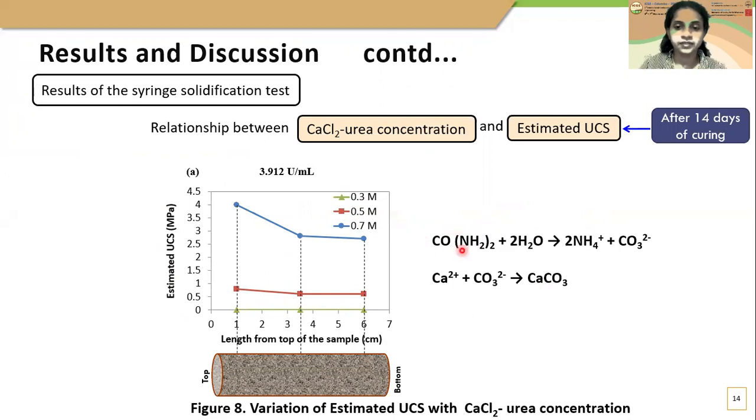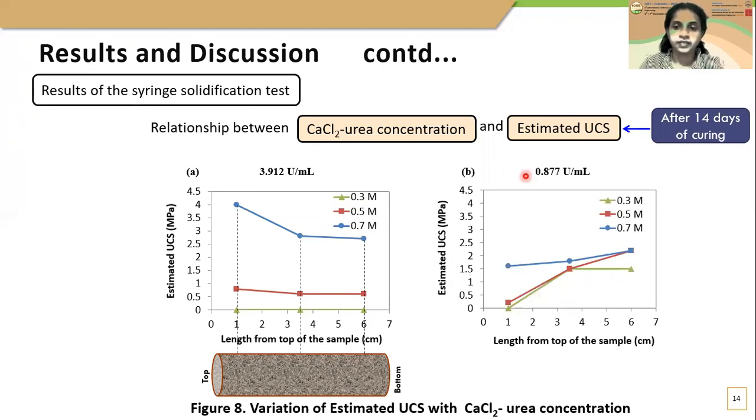In this urea hydrolysis reaction, 1 mole of urea reacts with 1 mole of calcium to form 1 mole of calcium carbonate. When we increase the calcium chloride urea concentration, the amount of precipitated calcium carbonate also increases. Then that calcium carbonate precipitates within the pore spaces, so the estimated UCS can be increased. A similar observation we made for the urease activity value.